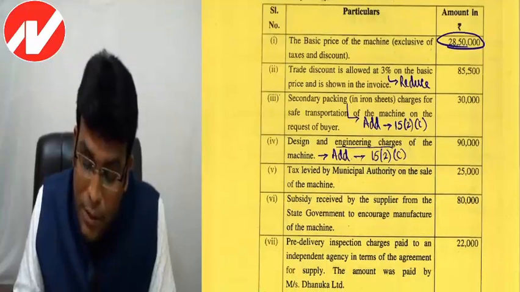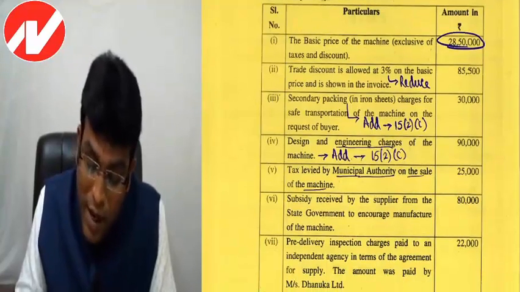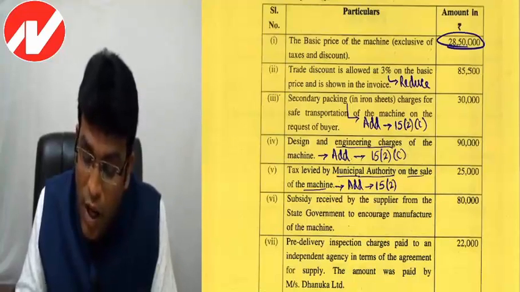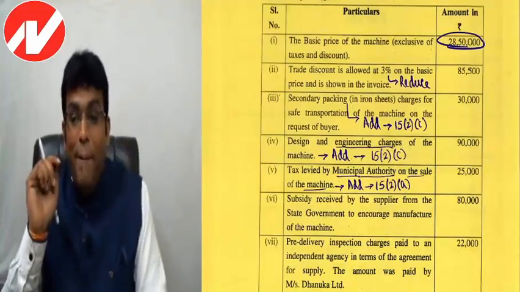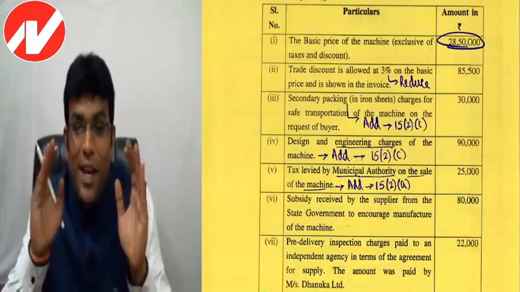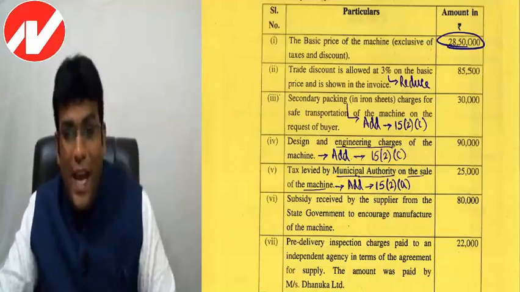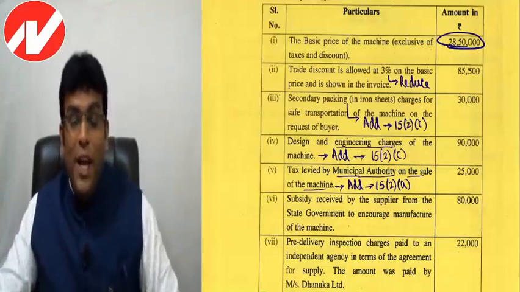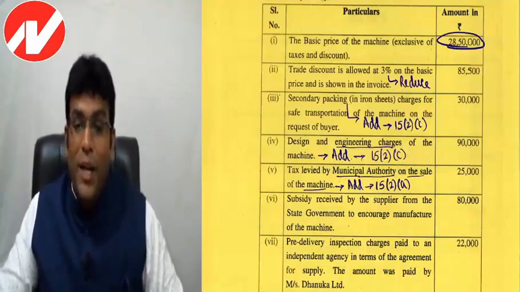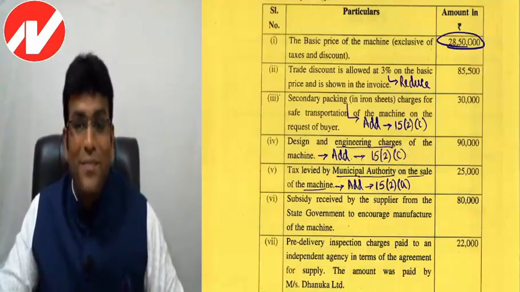Tax levied by municipal authority on sale of machine. Sir, this also we will add because of a brilliant section called 15(2)(a). Because 15(2)(a) clearly says all taxes, duties, cess, fees charged by supplier from recipient will definitely be included in the value of supply.